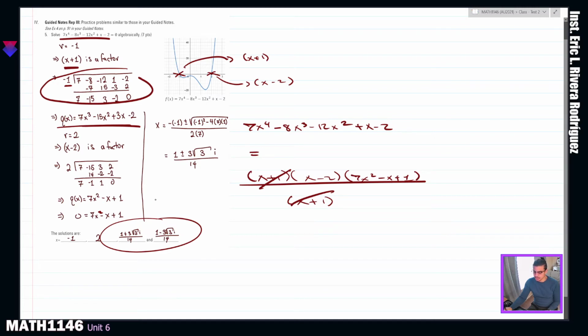Some of you might use different methods to find the factored form of each polynomial function, and that is completely okay, as long as you are able to justify the use of different methods that are not taught in this class.